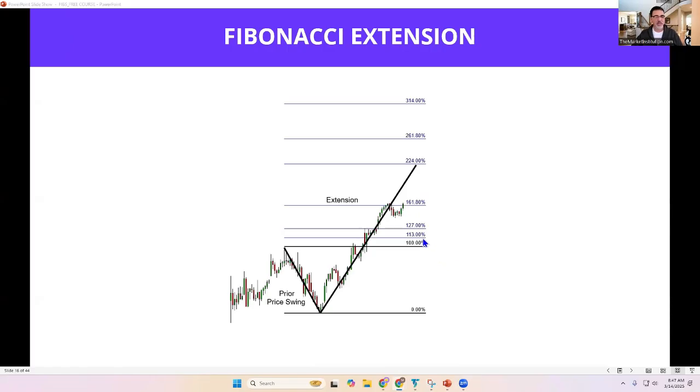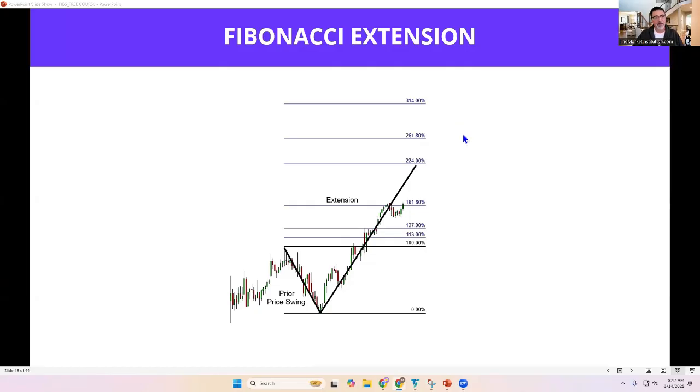A 113 extension is often an irregular topping pattern where price breaks out a little bit and then has a very strong momentum reversal. A 127 or 161.8 extension is very much associated with head and shoulders tops and bottoms. As you get out to the 224, 261.8, and 314 extensions, these are often aligned with a V top or a V bottom price pattern.